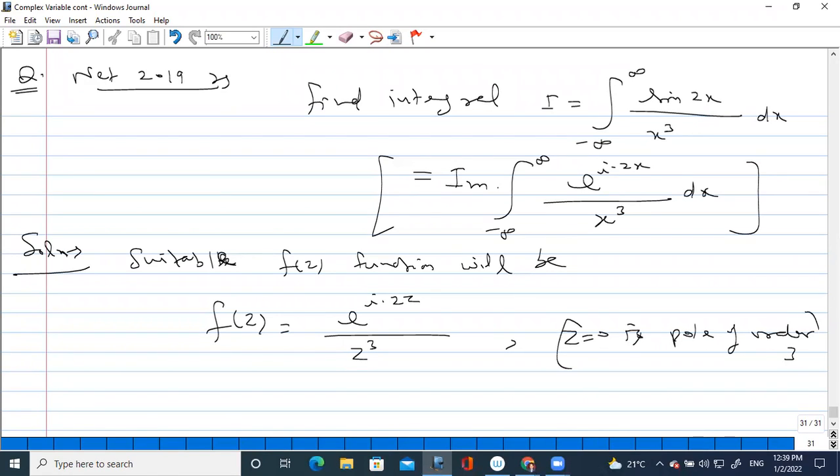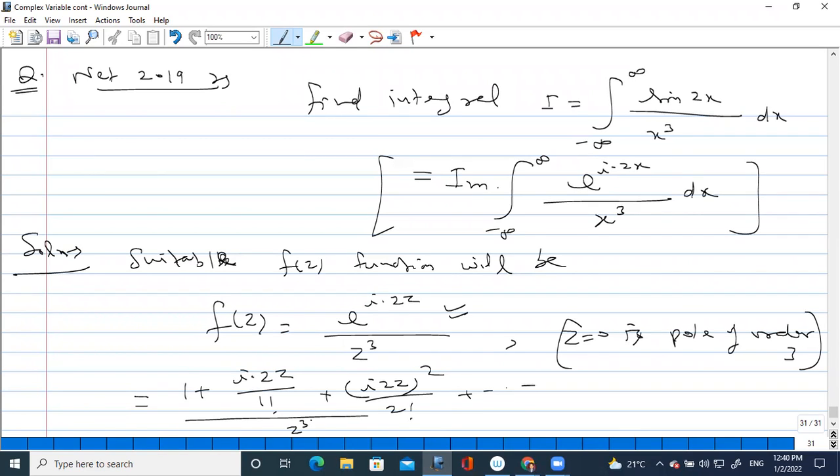So that method also you can apply, or simply you just find the Laurent series by using the method e to the power 2iz. You can write 1 plus, you can open the exponential, that is also easy, 1 plus i into 2z by factorial 1 plus i into 2z whole square divided by factorial 2 plus dot dot dot and divide by z cube.